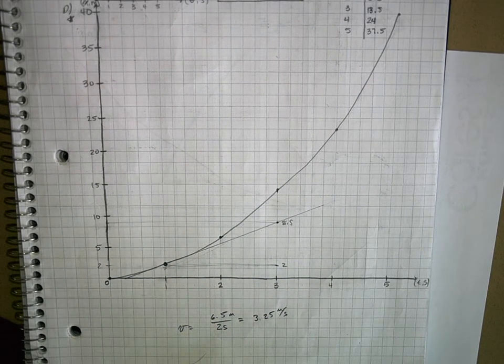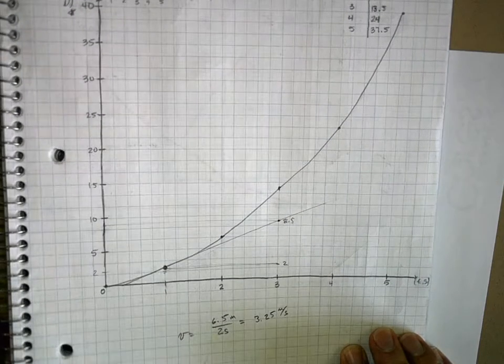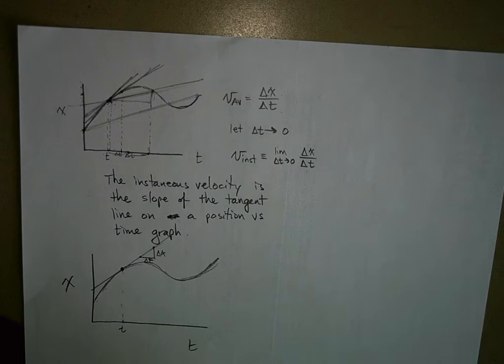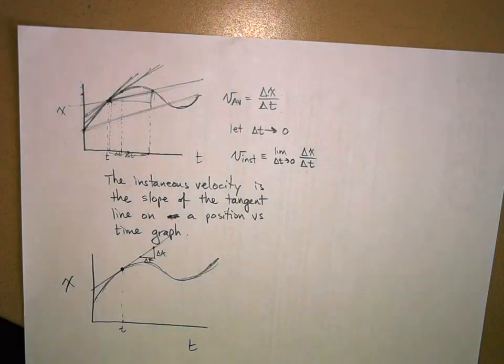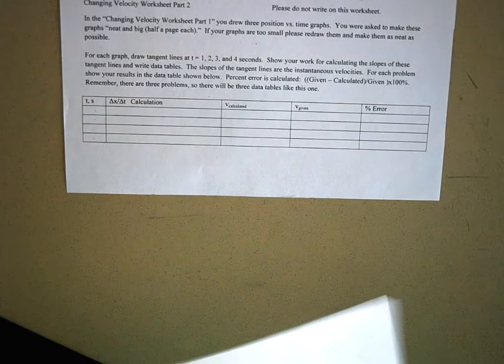Okay, I'll tell you what. I'll show you what you're going to do now. From assignment 1. Here's the worksheet I'm going to hand out to you right now. I'm going to give you about a half an hour to do this.